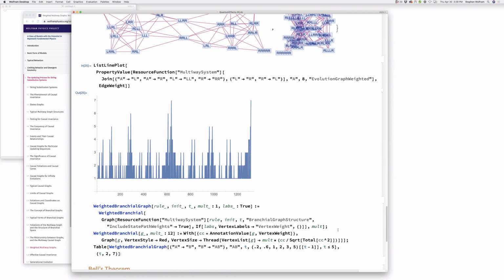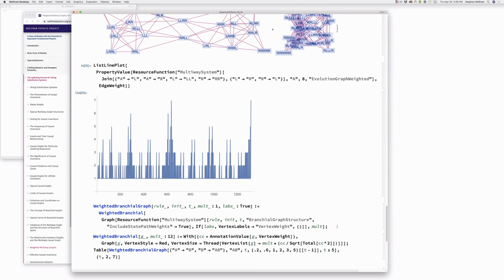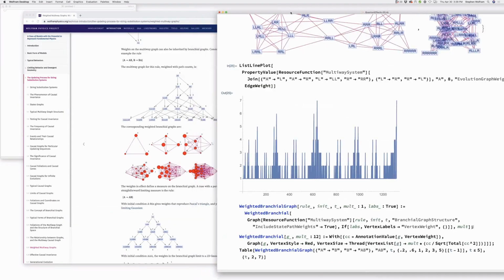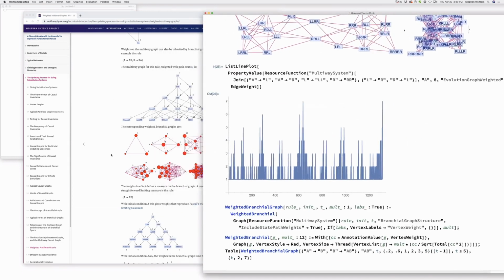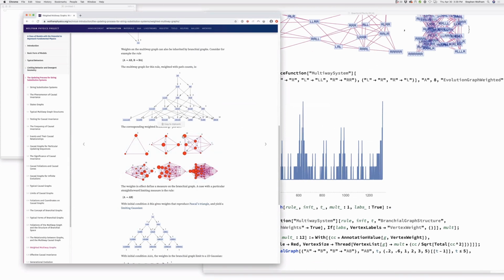But that's not a weighted branchial graph in the same sense that the evolution graph is a weighted evolution graph, because these are path weights for each state, not multiplicity weights for each edge. But isn't that what we want to get? Wait a minute, there's a path weights. This is what I wanted to see. Okay, yeah, fine.